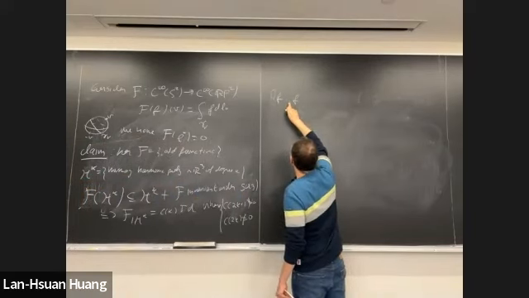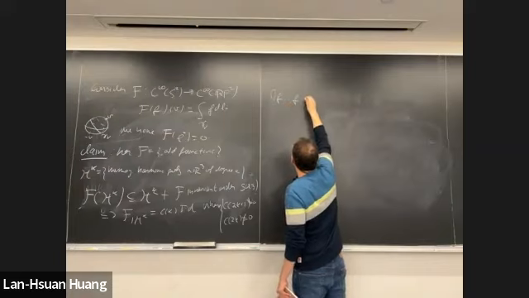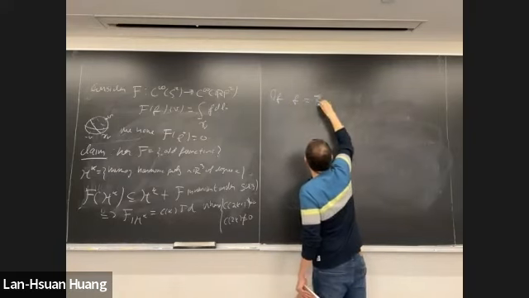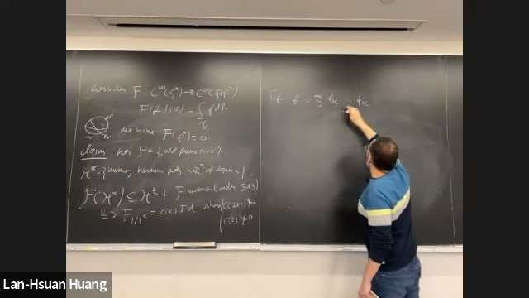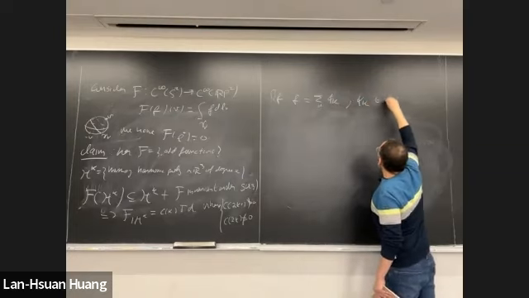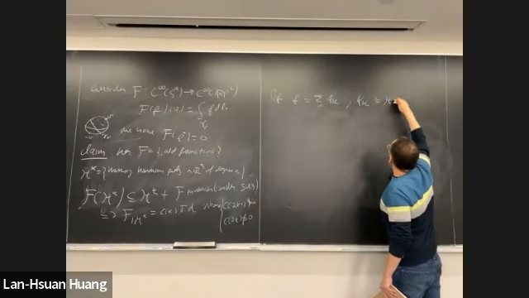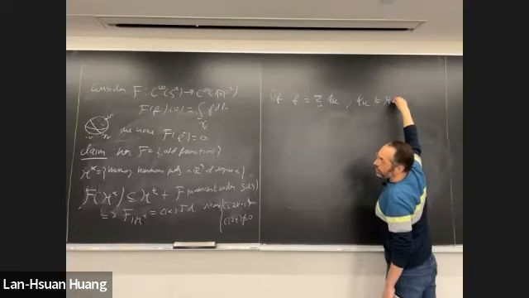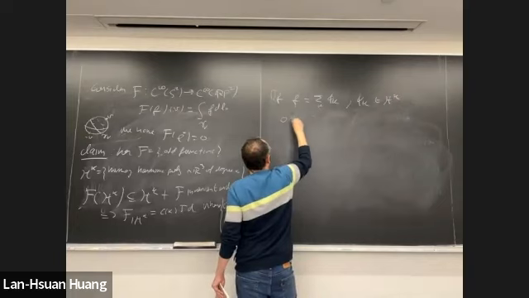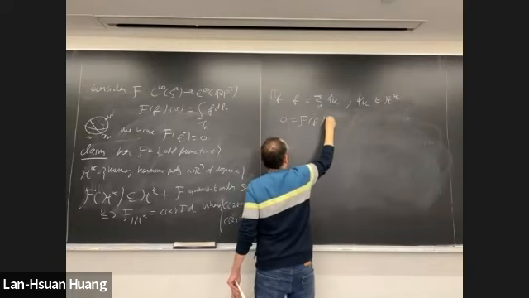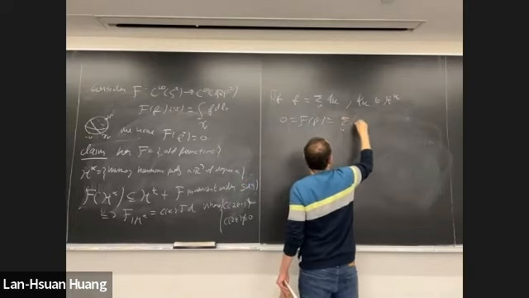So let me write it this way. If f is a function, I can use the decomposition where each component is an eigenfunction. What was the notation I used? Okay, and then because of this, if this is 0, we get that this is this.